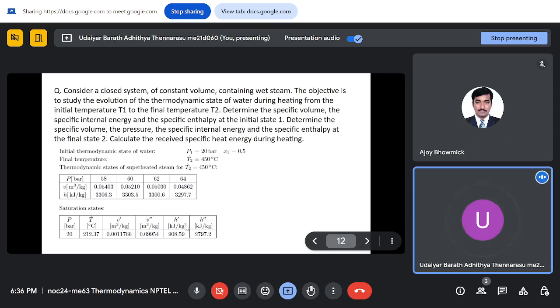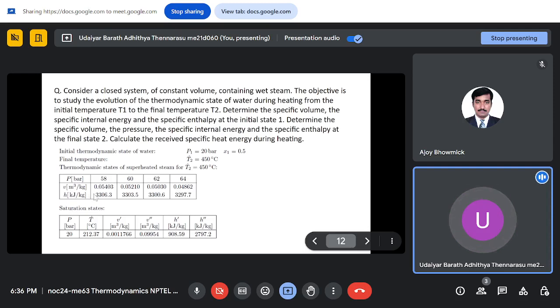So that's what is being asked. The data which they have given is initial state pressure is 20 bar and quality is 0.5. Your final temperature is 450 degrees Celsius. At state 2 it is at superheated state, so correspondingly the pressure, specific volume and enthalpy are given at 4 different pressures.